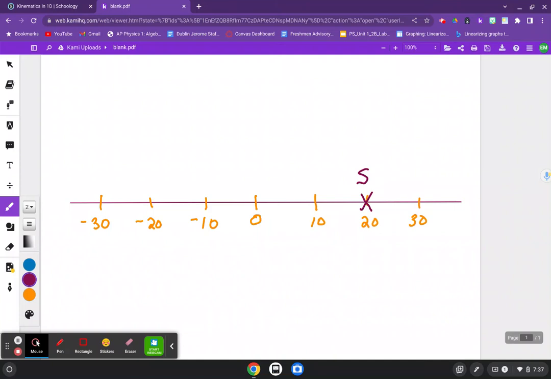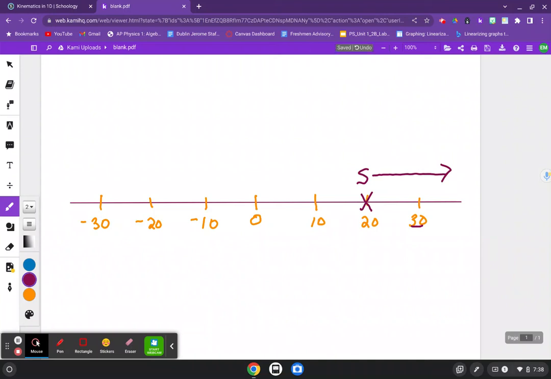Okay, and they were assigned to move toward the positive 30. So that means their group on our number line, and there's going to be a number line set up in the hallway, like a large one. And you're going to have one student walk from the positive 20 toward the positive 30 at a constant motion.